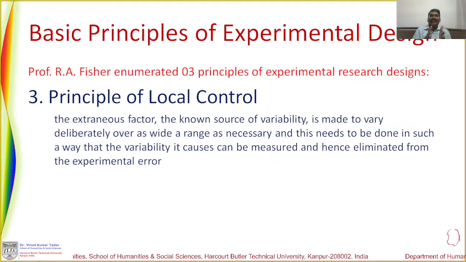So that data error you can correct, and this is called local control. That means when you are in a position to measure the variability of the extraneous factor, then you can control it, meaning you can control the error, to what extent that error can go and change your level.